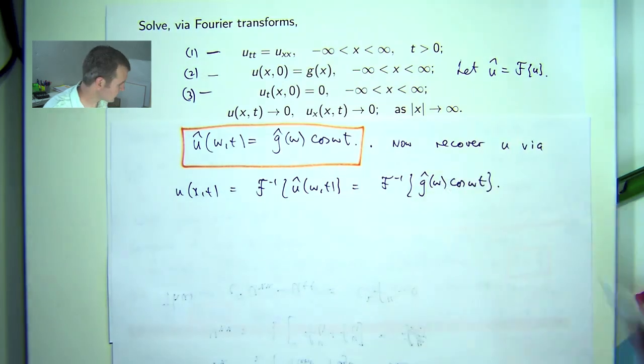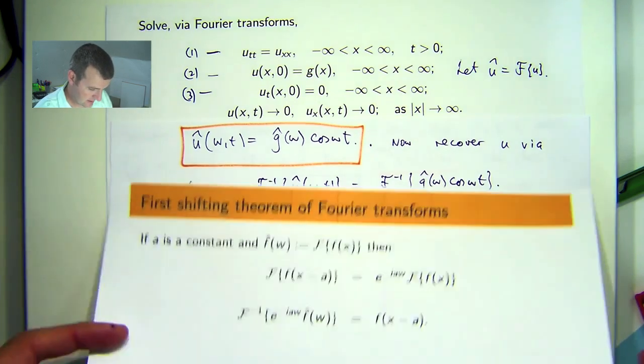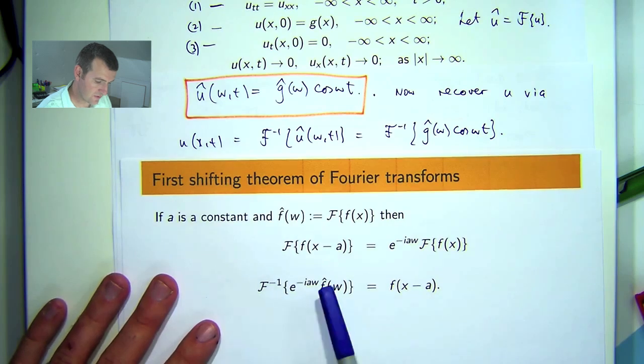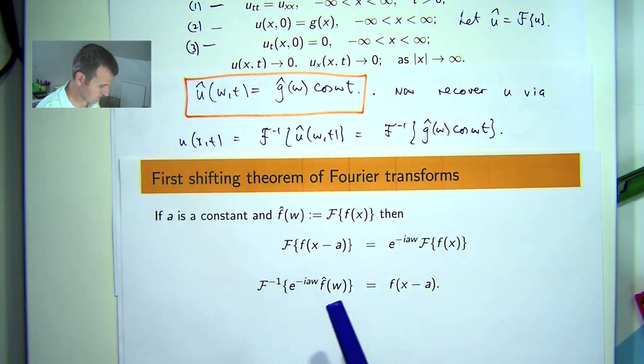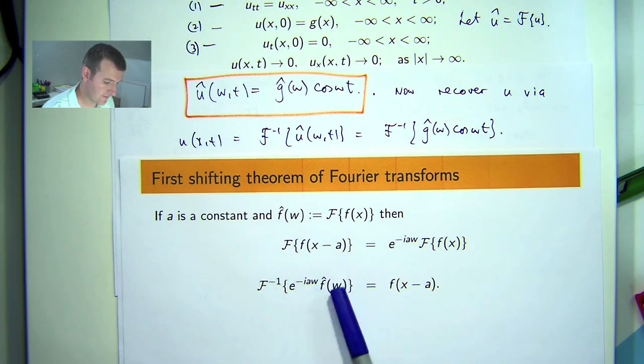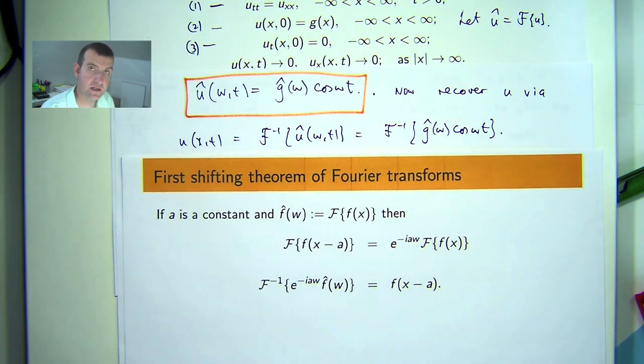Well, I'm going to use what's known as a shifting theorem. Basically, it tells you that if you want to take the inverse transform of this kind of complex exponential function times the transform of another function f, basically you just inverse transform this part and you shift it.